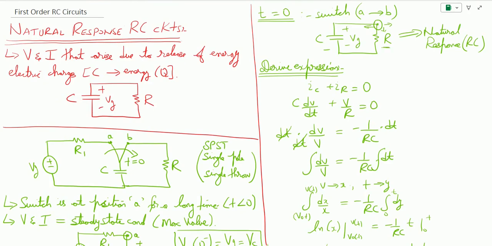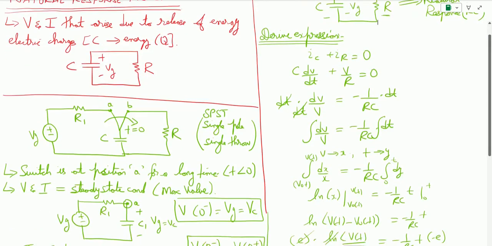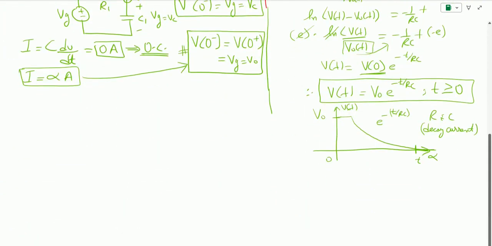Once all the charges have been released, we reach the electrically neutral position, there are no excess charges, then the resistor will cool down and thus all the energy will become equal to 0.